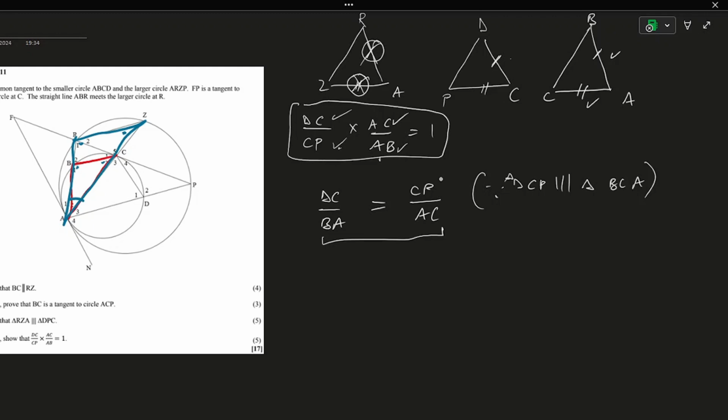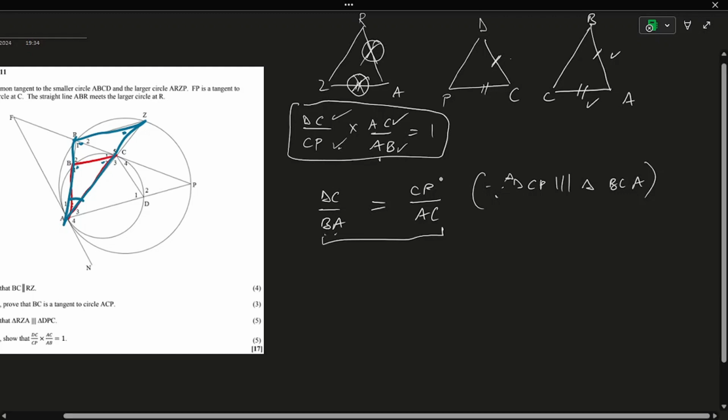So we already have DC at the top, which is where we wanted, and we already have BA, which is AB. It's just rearrangement. So we already have AB at the bottom. So we have DC and AB in the correct position. We need to put AC at the top because they want it at the top, and we also need to put CP at the bottom.